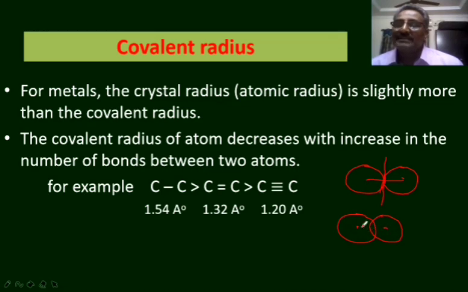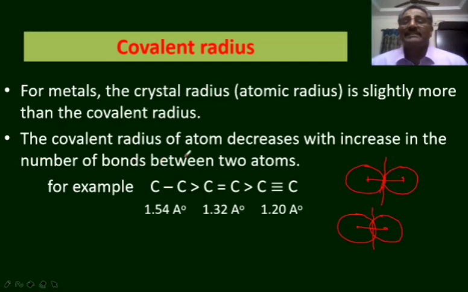So, the distance between the nuclei of two atoms bonded together by a covalent bond is a little less than the distance between two atoms which are adjacent to each other in the metallic crystal. Half of this is defined as the covalent radius. So, here the crystal radius is slightly greater than the covalent radius in the case of metals.